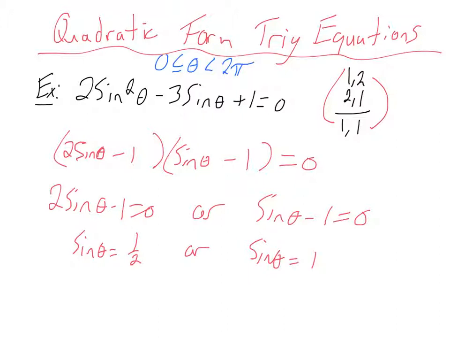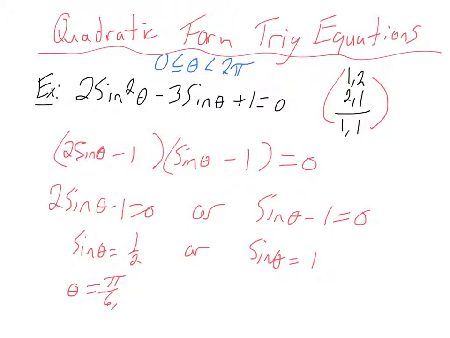Okay. So between 0 and 2 pi, which values of theta give me a sine of 1/2? Sine of what equals 1/2? 30 degrees, yes, which is pi over 6. And what's the other quadrant that it's positive in?